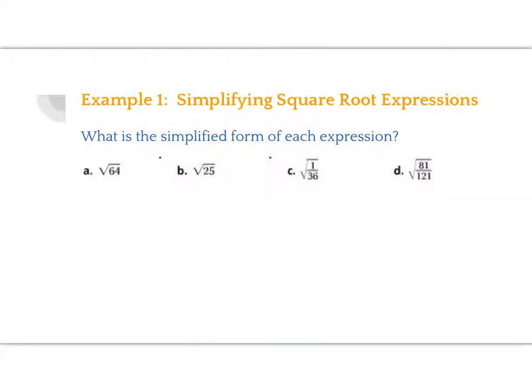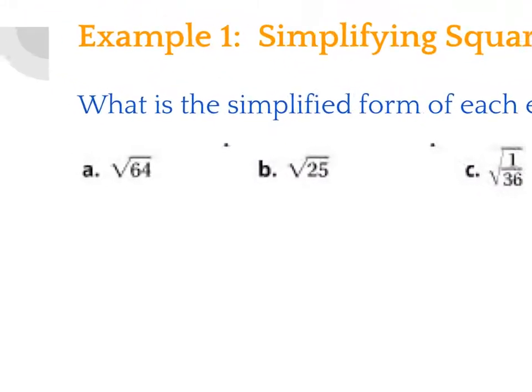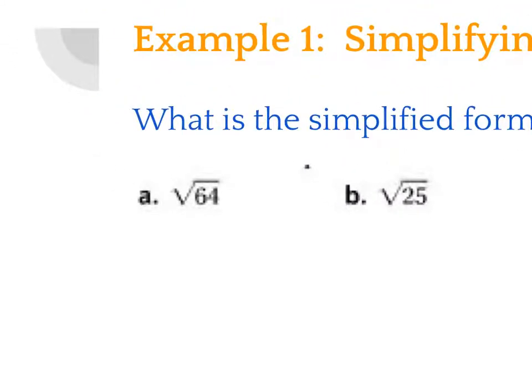All right, example 1, simplifying square root expressions. What is the simplified form of each expression? Well, looking at the square root of 64, 64 is under the radical, I know that 8 times 8 equals 64.